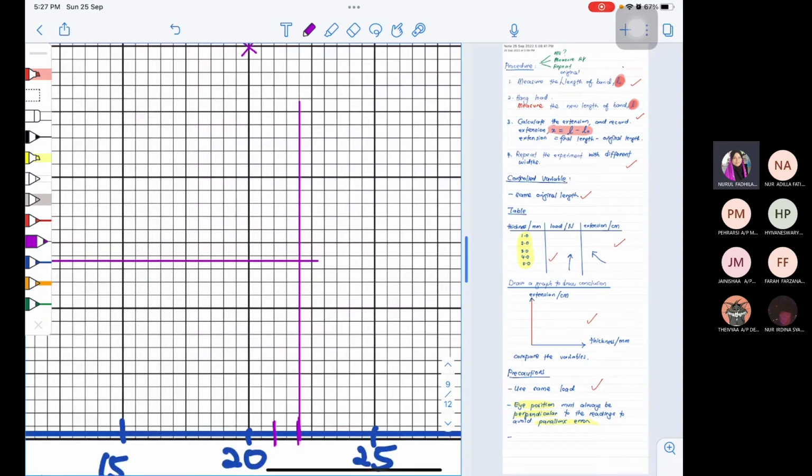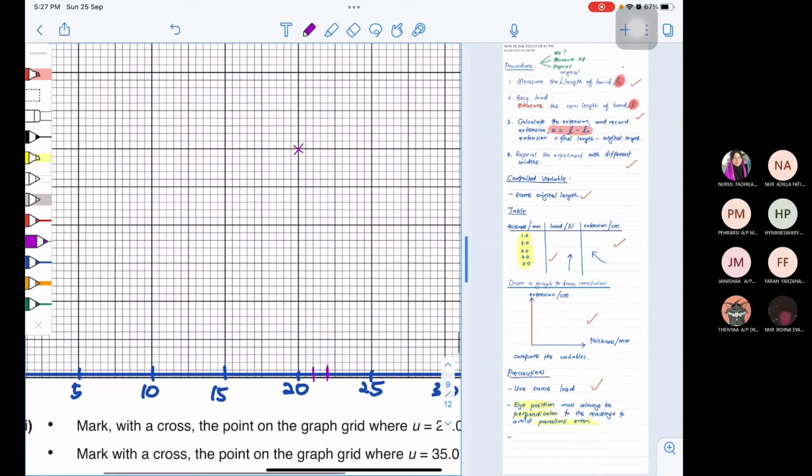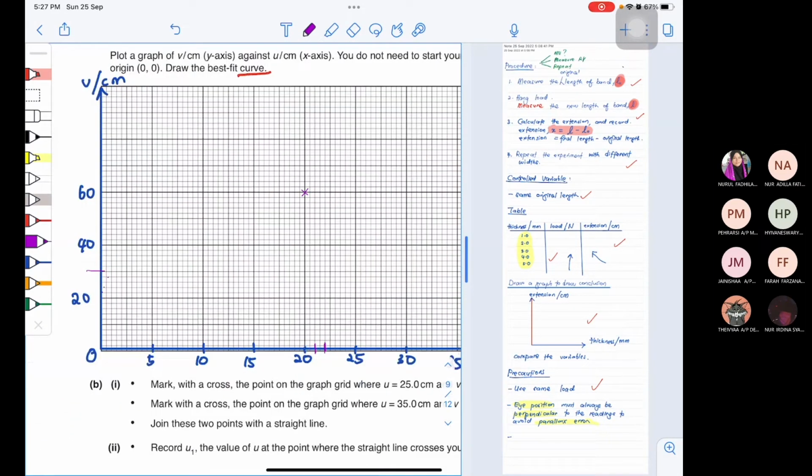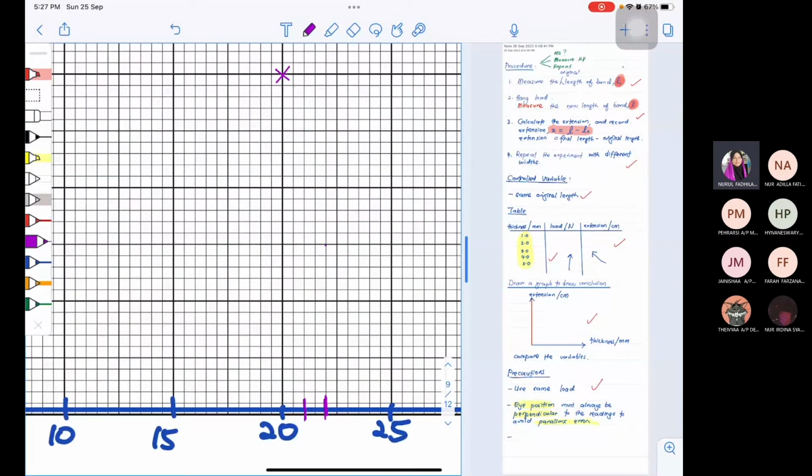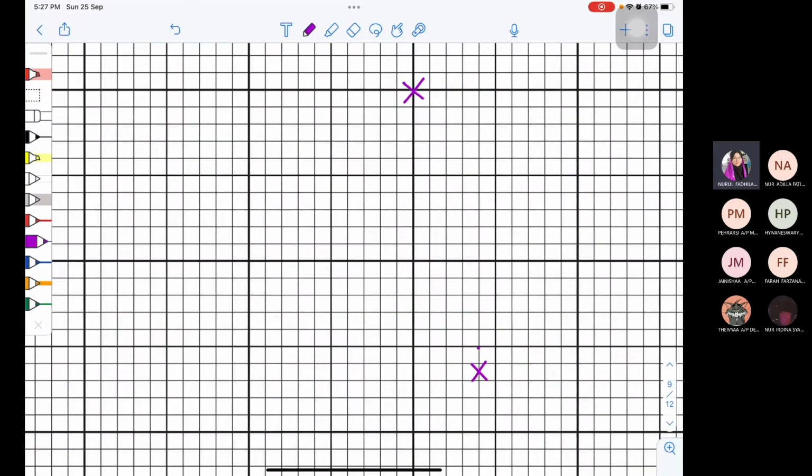Okay, so that's the line. Padam balik yang ni semua. So jadi 27.1. So kita ambil tengah-tengah. Yeah, because I want this line here ni. Okay. Kita buat cross. Bukan star. Okay. Next.